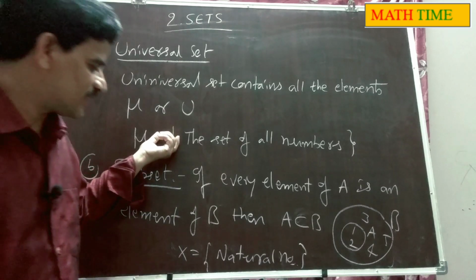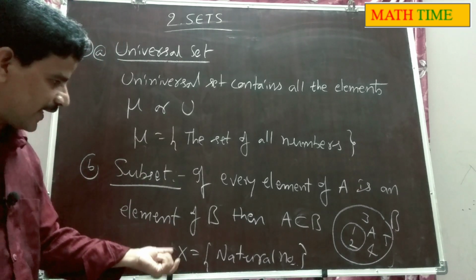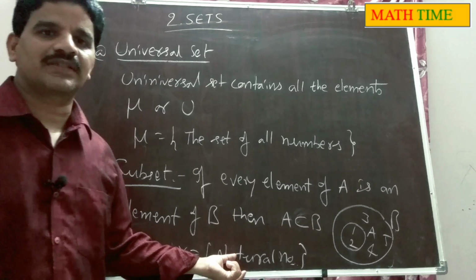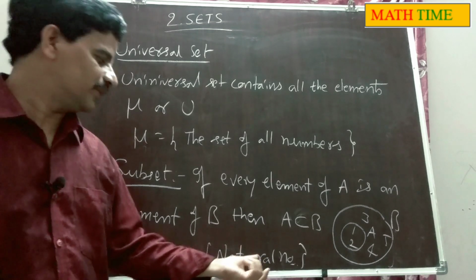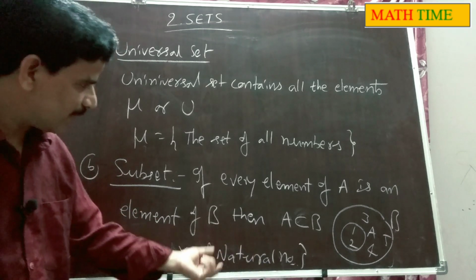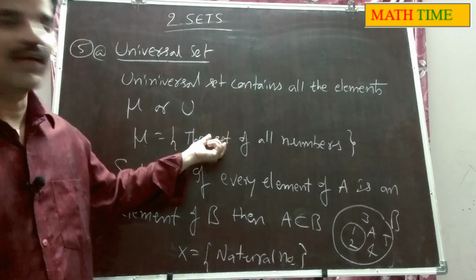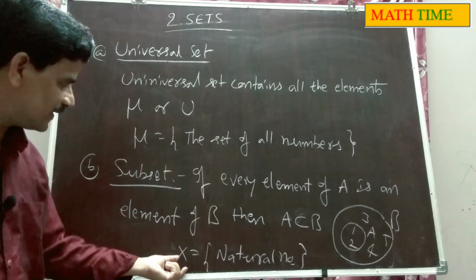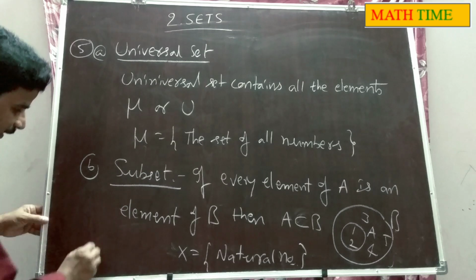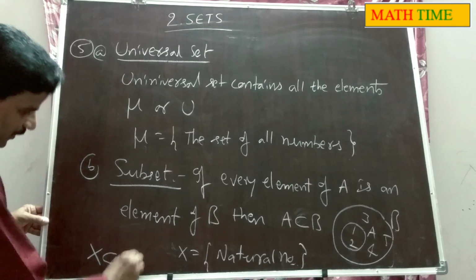So here x contains natural numbers 1, 2, 3, 4, 5 and so on. Therefore the set of natural numbers is a subset of the set of all numbers. Here I can write x is a subset of mu.